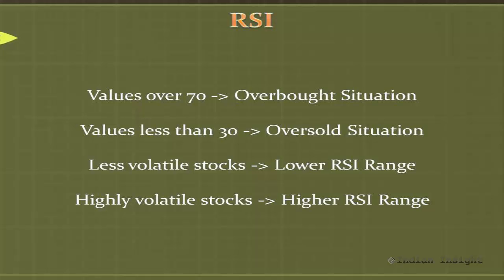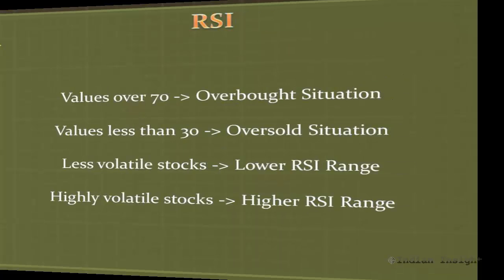Less volatile stocks may have their RSI value oscillate in a lower range, and highly volatile stocks may have their RSI values oscillate in a broader range. So you might find that the normal range of RSI for some stocks is, say, 40 to 60. In such a case, you should treat values above 60 as an overbought signal and values below 40 as an oversold signal.